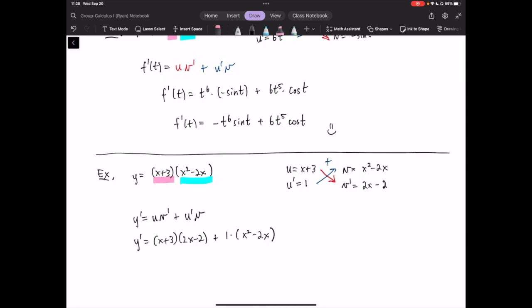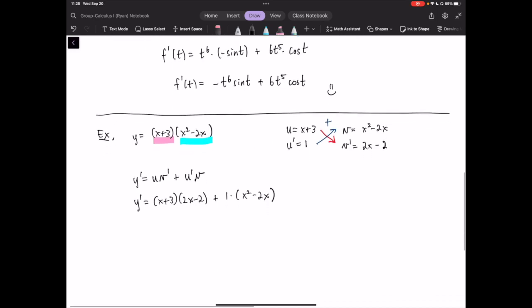Again, just like on the last one, we could leave it this way. But because this is a polynomial, let's actually multiply this one out. So again, this could be the answer. I mean, it is the answer. But I want to get this in a simplified form. So we need to distribute or FOIL these first terms. So when I multiply this out, this is going to be 2x squared plus 6x minus 2, so plus 4x minus 6.